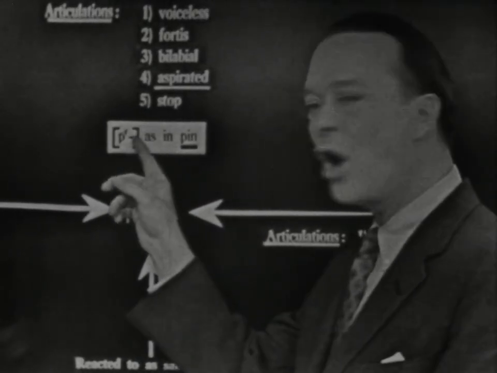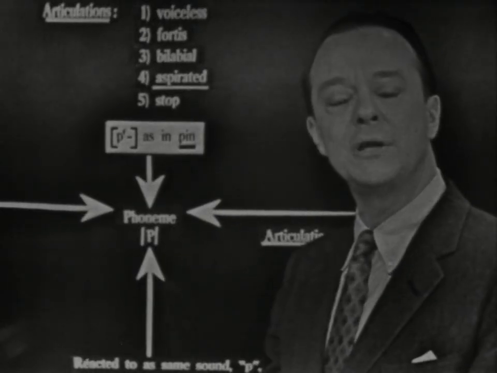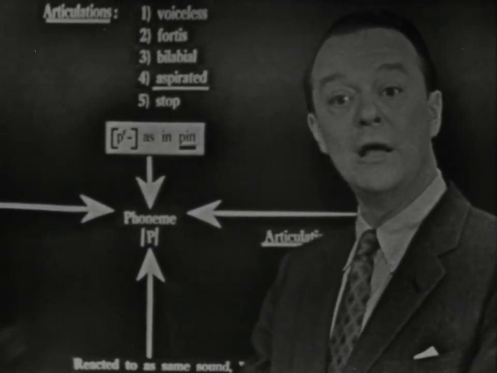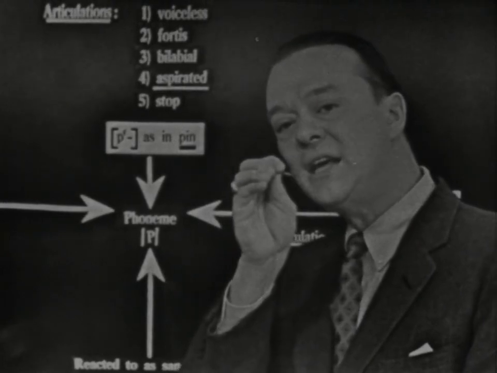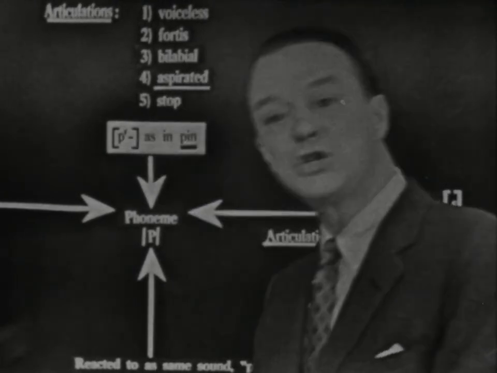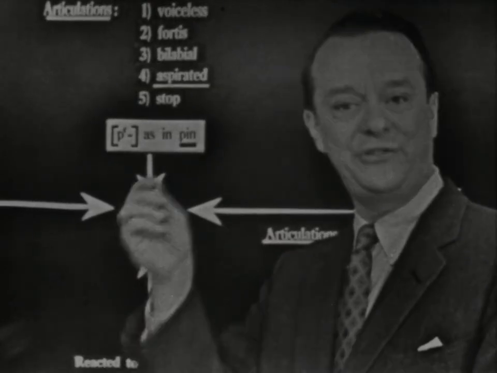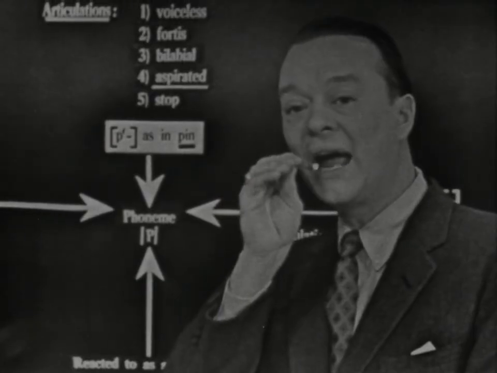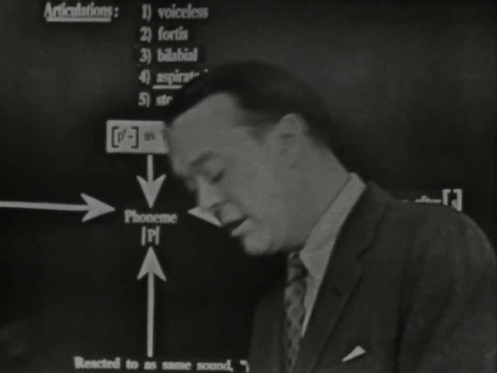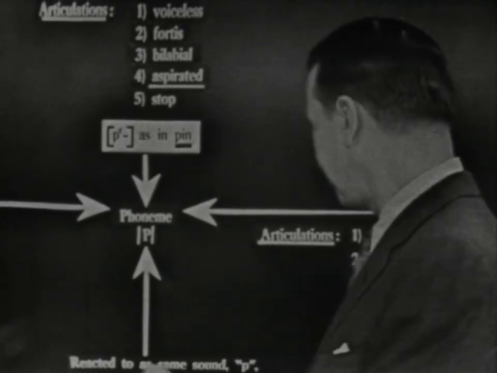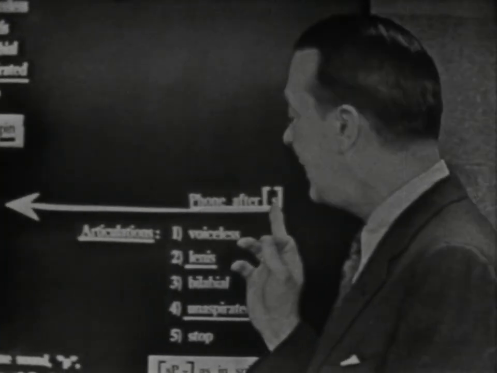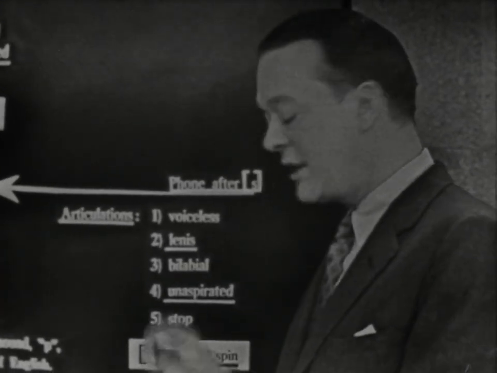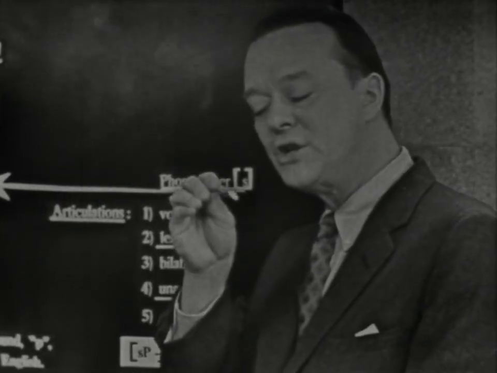I mean that not only are our P sounds aspirated initially, but all our other voiceless stops are too. Now, watch. In tin, the initial phone in the T series, or the T family, also is aspirated and blows out. Same way with the K. King, you see, that blows it out. But by the same token, the phones of T and K after S are lenis and unaspirated and won't blow out the match.